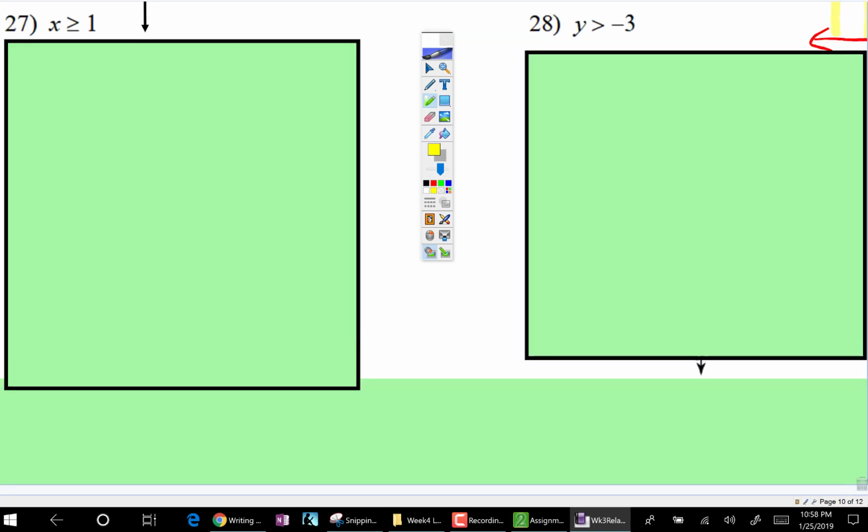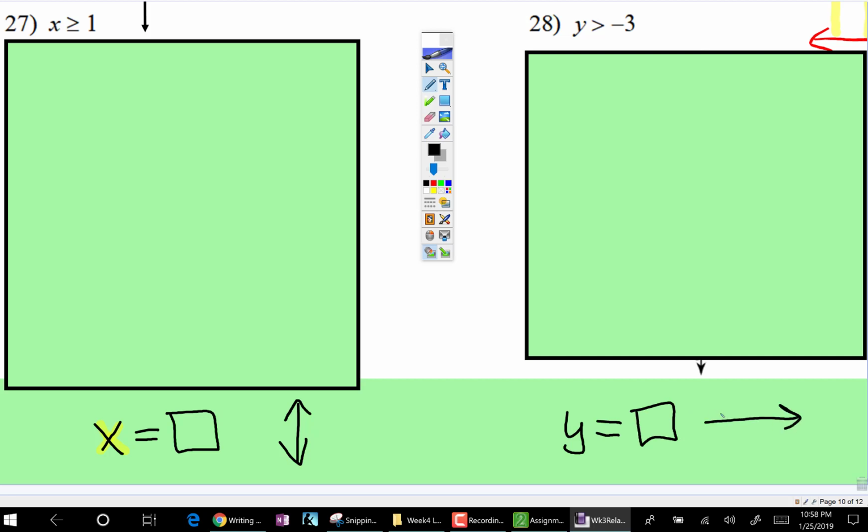Now there are a couple of exceptions. This just says x is greater. Well, remember, when x is equal to a value, that's a vertical line. When y is equal to a value, that's a horizontal line.